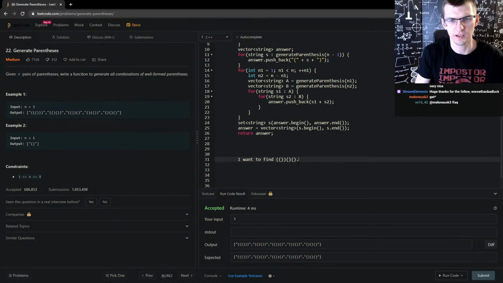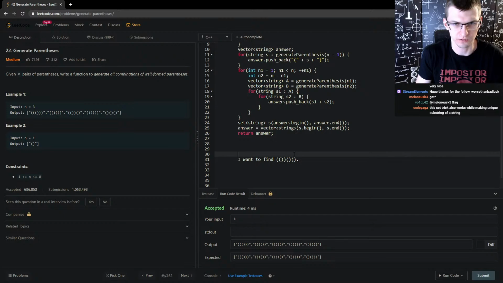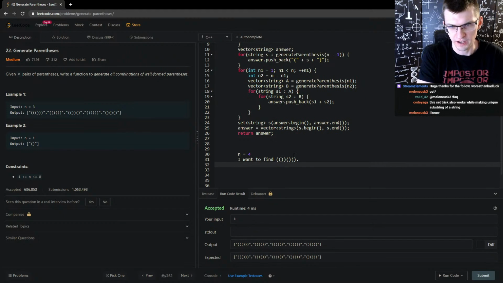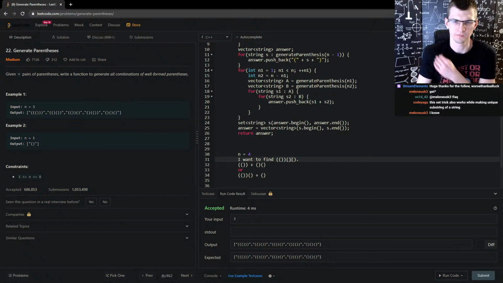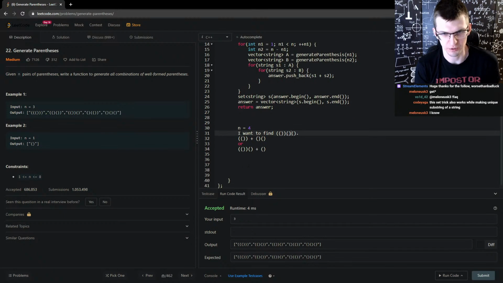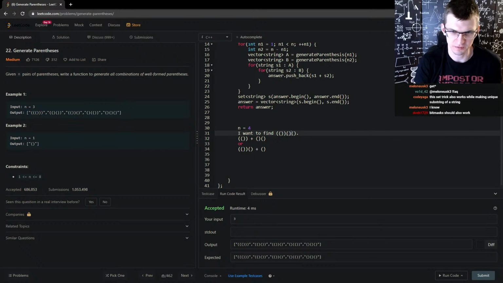Maybe this should be in the answer for n equal to 4. Then there are 2 ways to find it, either by concatenating this with that, or this with that. Both ways are valid, and I will find them both. So this thing will occur twice.